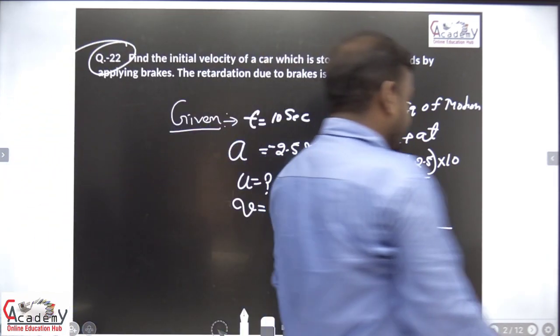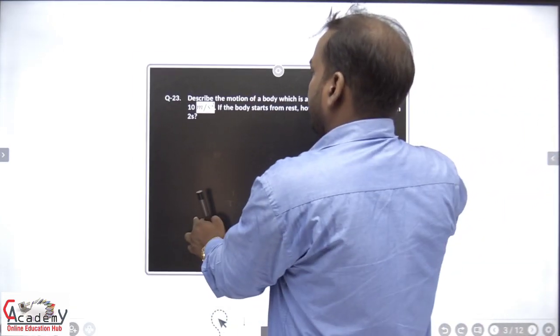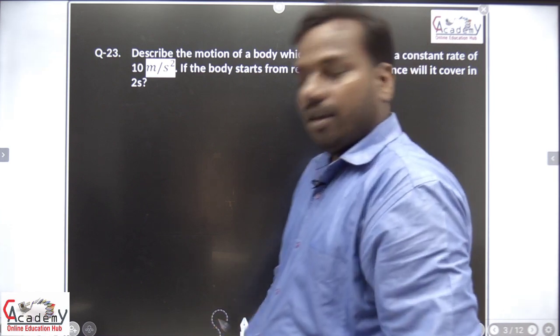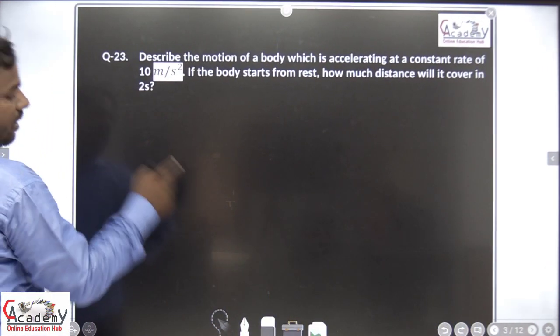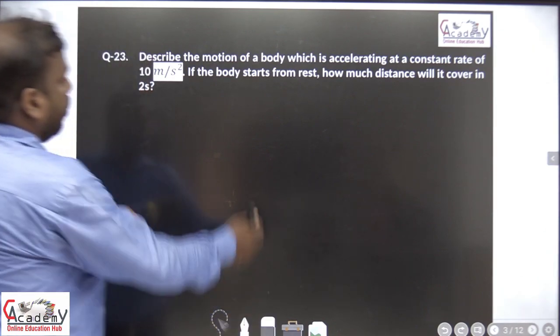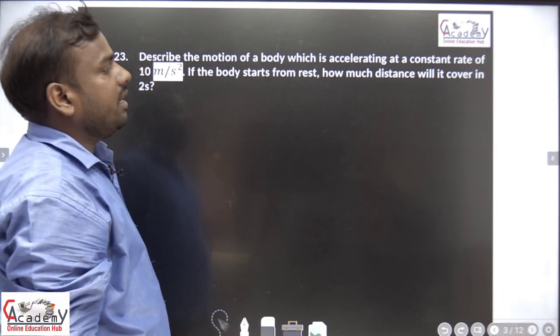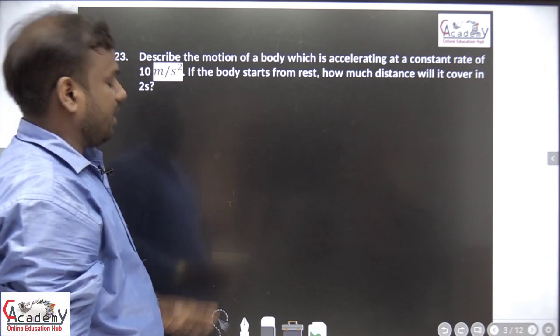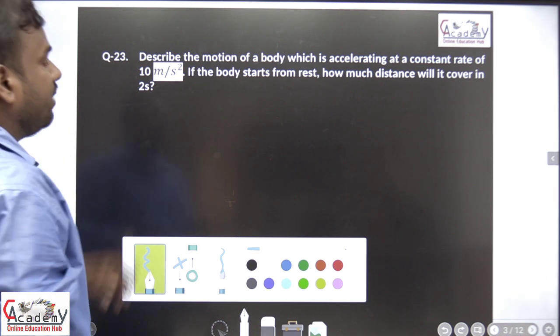Okay, now the next question is question number 23. What is question number 23? Describe the motion of a body which is accelerated at a constant rate of 10 meter per second square, if the body starts from rest.